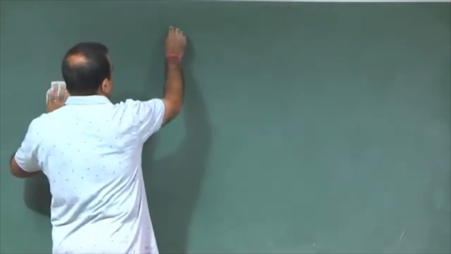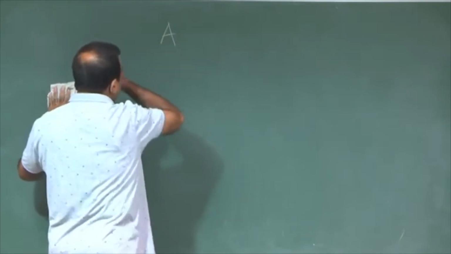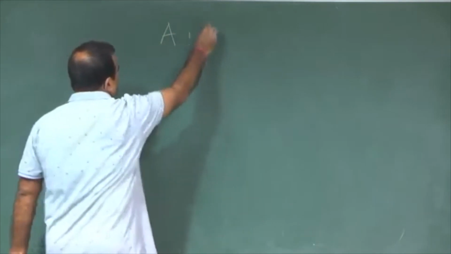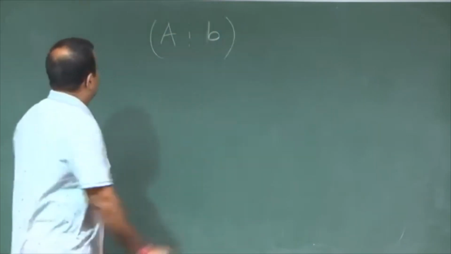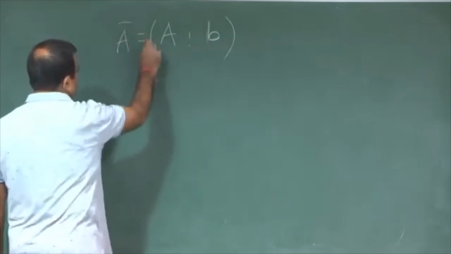Why is that so? Because if we have a coefficient matrix A and if we have a B, this is our augmented matrix.